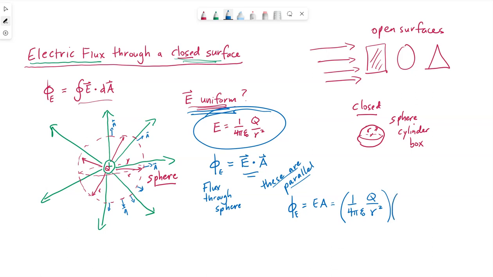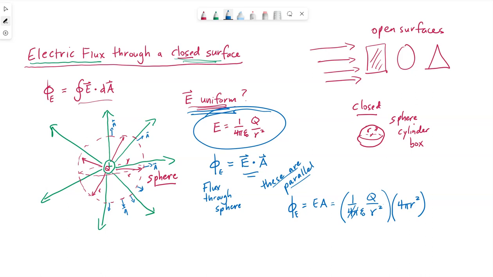A means the surface area that the electric field lines are passing through. Well, I chose a sphere for a specific reason. The surface area of a sphere is 4 pi r squared. So E times A, this is giving us the electric flux through this spherical surface.